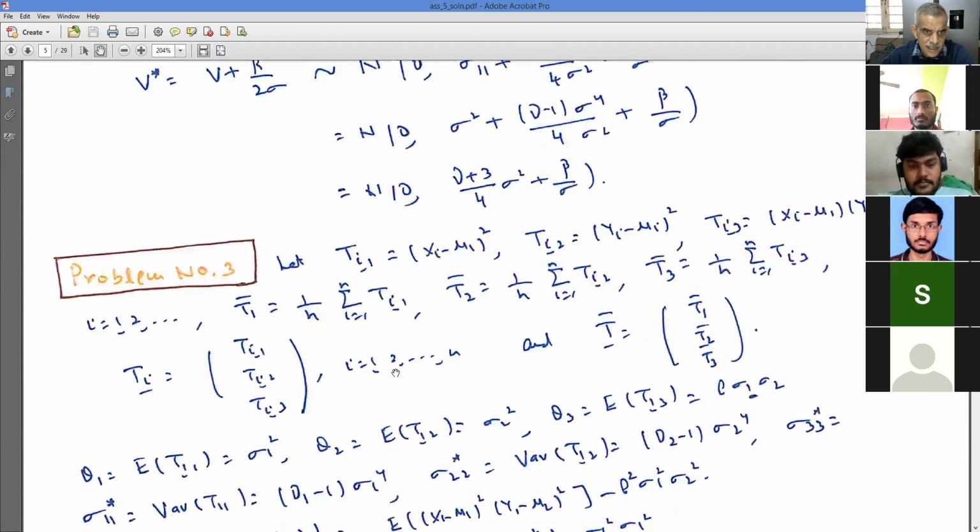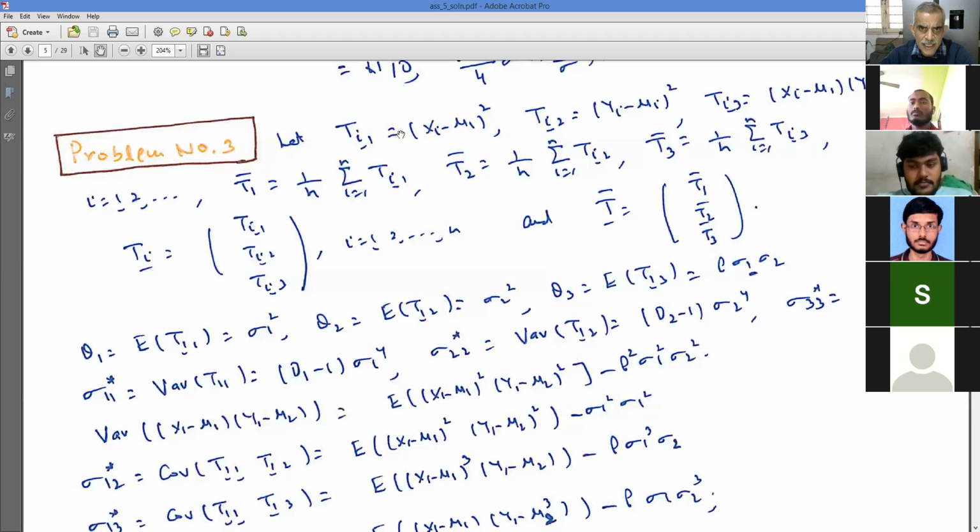First component is this and third component is this. So (x1 minus mu1) whole square into (x1 minus mu1) into (y1 minus mu2), which is nothing but expected value of (x1 minus mu1) whole cube into (y1 minus mu2). So that is expected value of ti1 into ti3 minus the expected value of this, which is sigma 1 square into expected value of ti3, which is nothing but rho sigma 1 sigma 2.